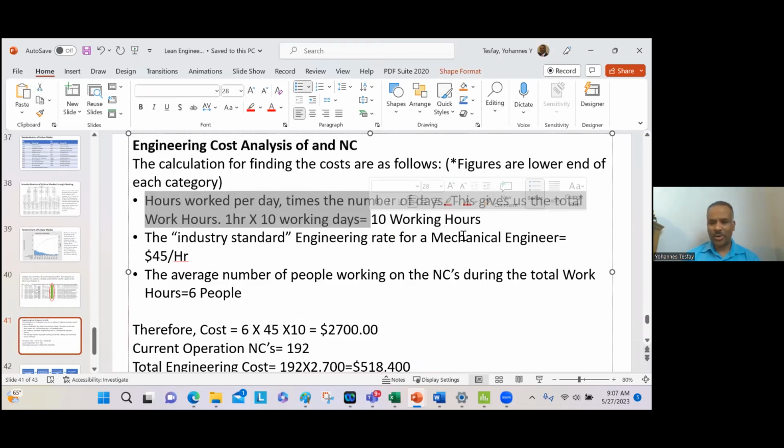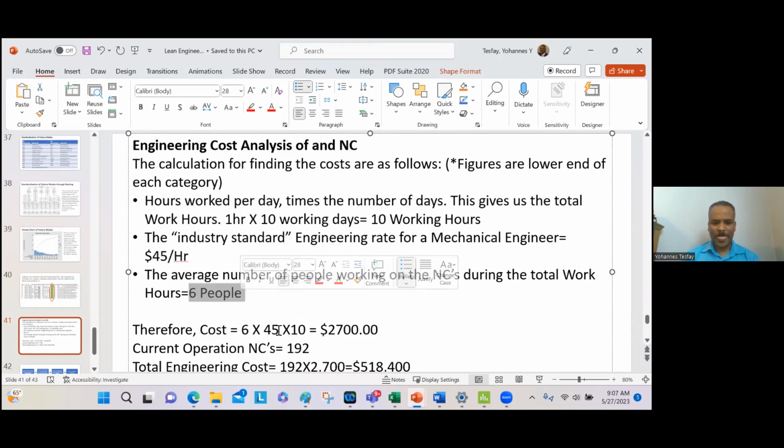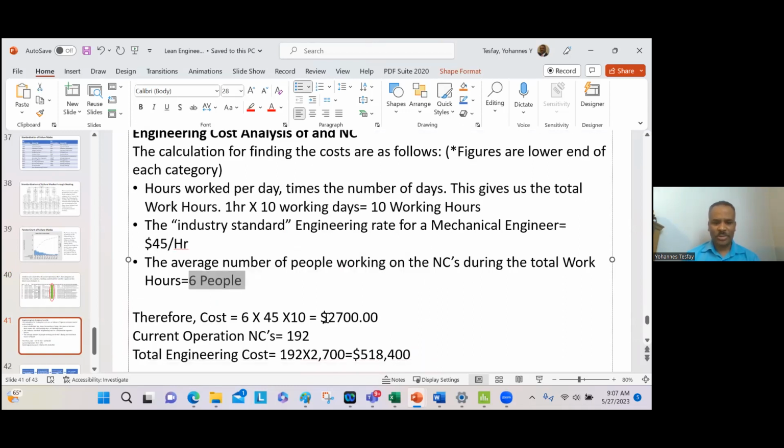Hours worked per day in total, we're going to take 10 hours. So for each mechanical engineer we pay 45, and 6 people work. Then the cost becomes like $2,700. Current tendency 192. You see the 120 I mentioned, this is the correct one. Then we have like $500,000.